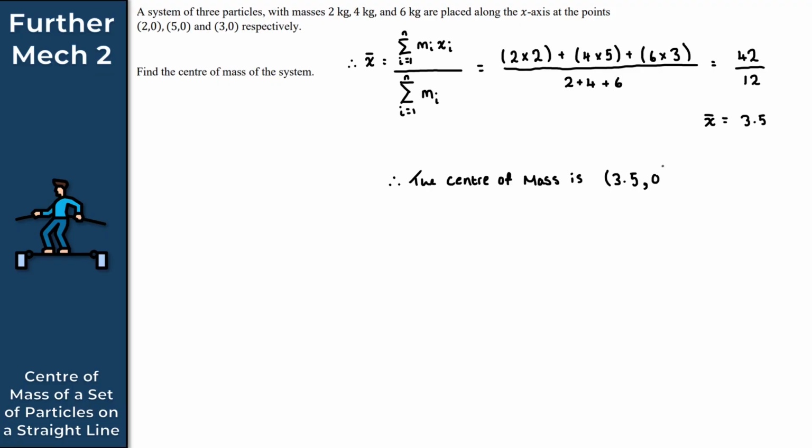So don't forget, the y coordinate here will be 0 if the particles lie along the x-axis. And if it was the other way around, if the particles lay along the y-axis, English is difficult, then in that case my x-coordinate would be 0. Okay. But there we have it. That gives us the solution to the one practice question for this video.